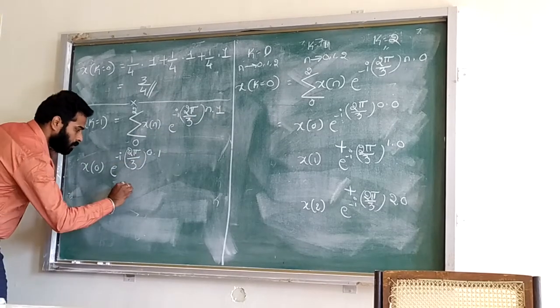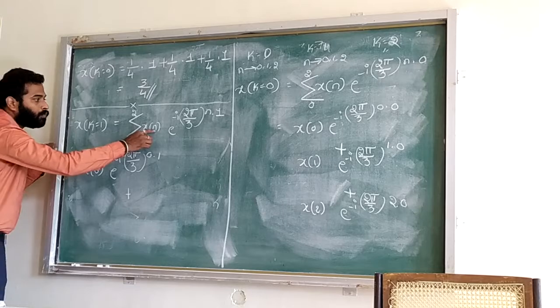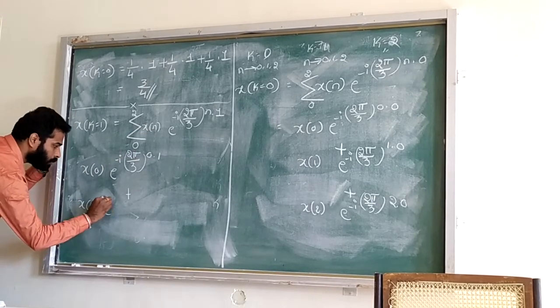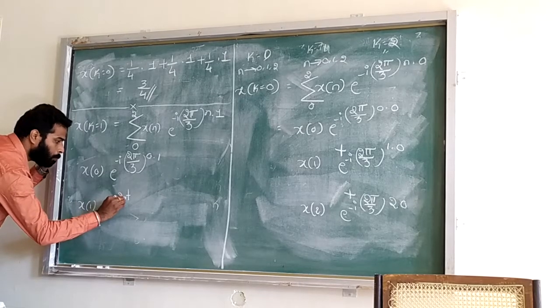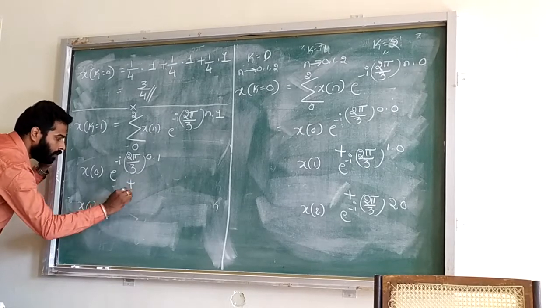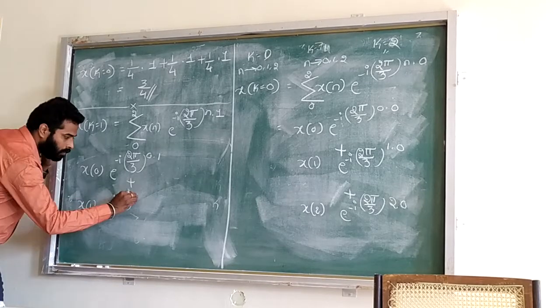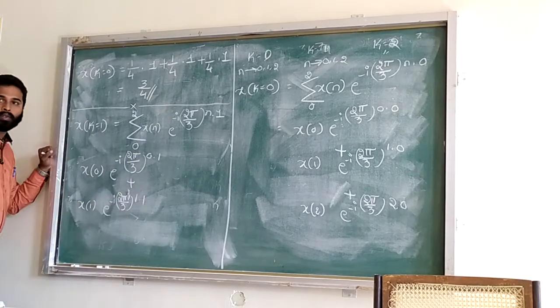Plus, in place of n we put 1: x of 1 e raised to minus I 2 pi divided by capital N into n into k, where n is 1 and k is 1, so 1 into 1.